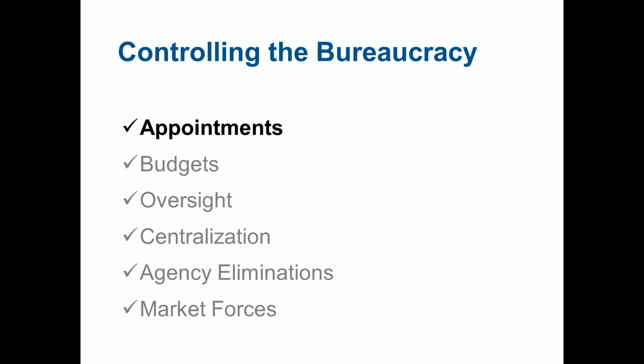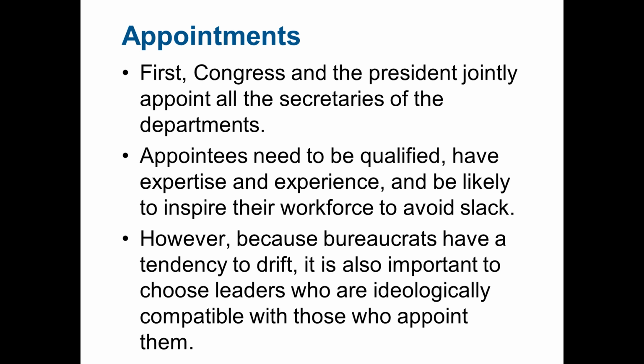At a basic level, we've talked about how these bureaucratic positions, at least the high-level ones, are appointments made by the president. Congress, of course, has a say in this. The president appoints these high-level positions. The Congress, the Senate specifically, has the ability to give their input and either accept or reject them.